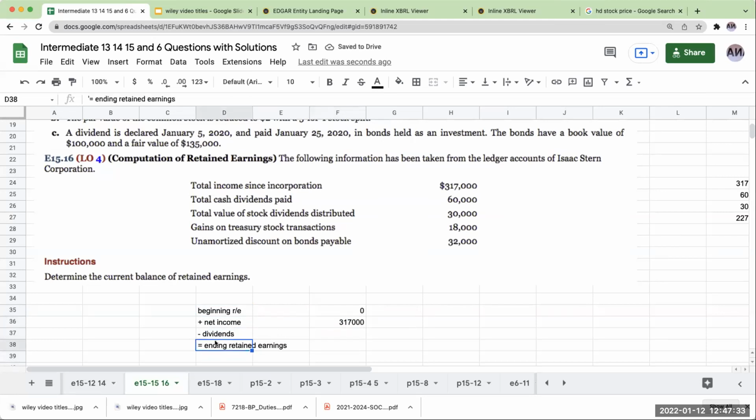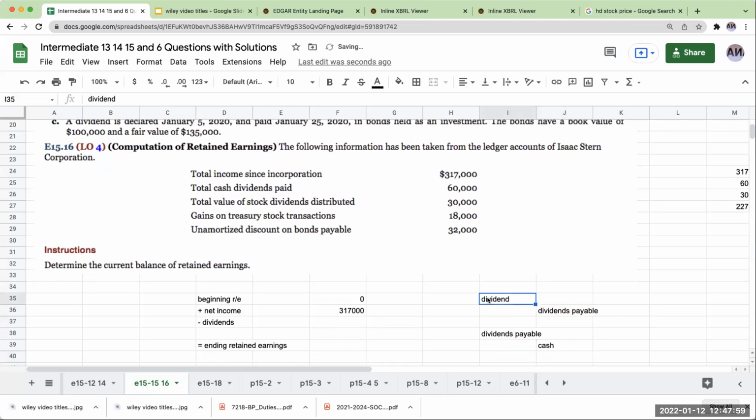Now, when it comes to dividends, whether it's a cash dividend or a stock dividend, both of those will reduce retained earnings. And why is that? When I declare a cash dividend, I'm debiting dividends and crediting dividends payable. When I pay the dividend, I'm debiting dividends payable and crediting cash. Dividends is a temporary account. It tells us what we gave back to our shareholders during the period.